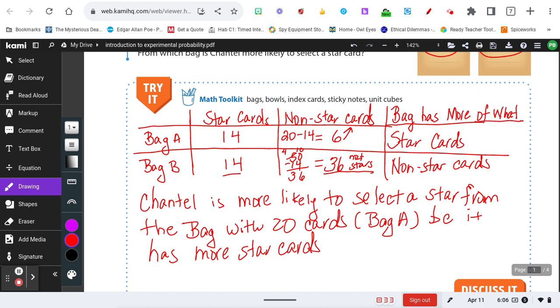And you can't say it has more star cards than bag B. Bag B also has 14. But bag A has more star cards than it does non-star cards.